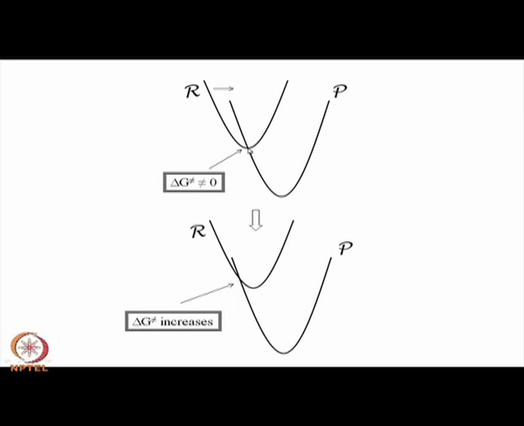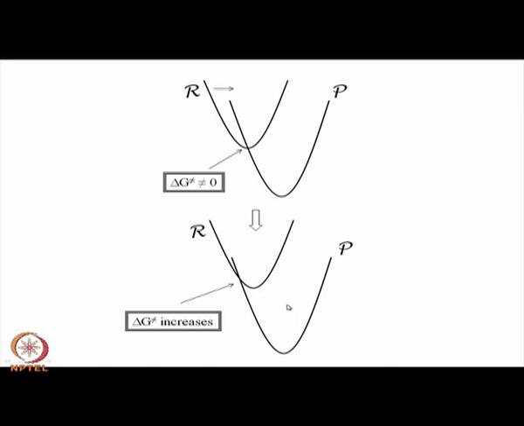But if we observe it microscopically, maybe this value is not exactly 0, it is nearby 0, but not exactly equal to 0. But if we keep on shifting this r in this direction, then again you see that delta G double dagger increases.